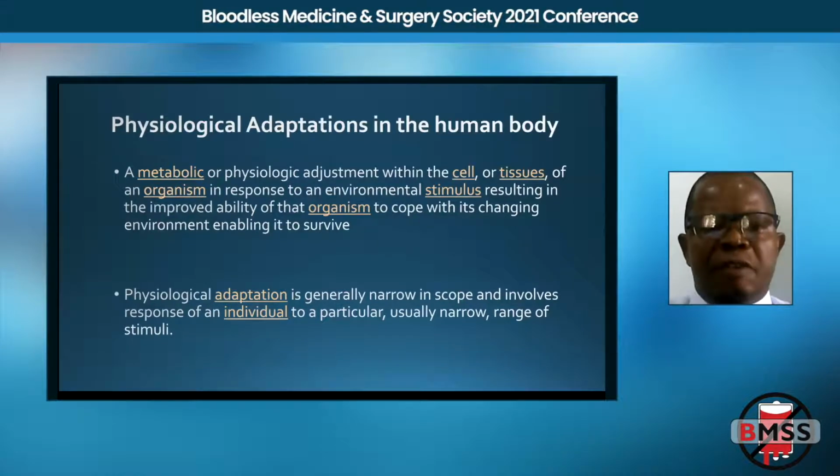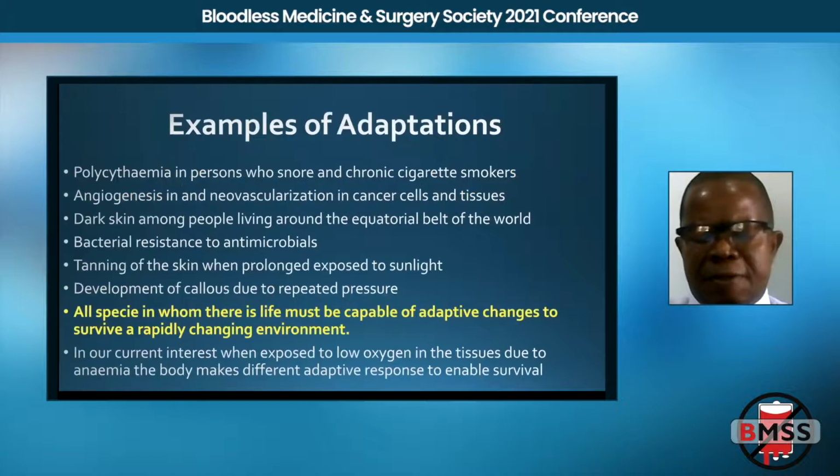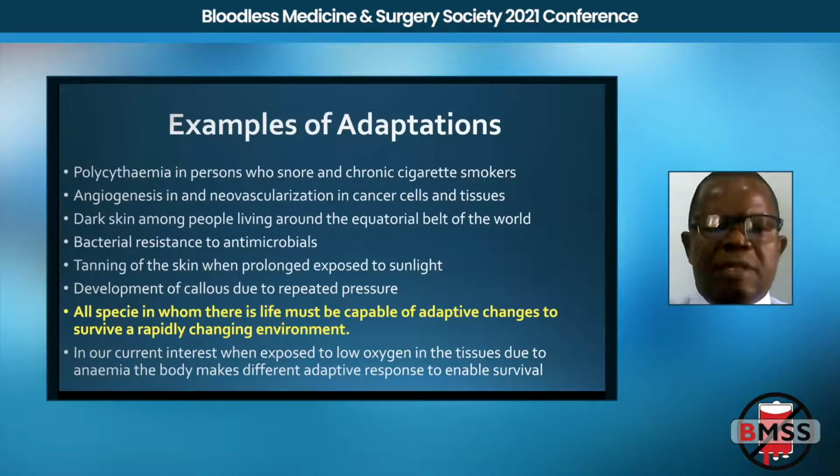Physiological adaptation is generally narrow in scope and involves a response of an individual to a particular and usually narrow range of stimulus. For instance, low oxygen tension in the blood is a stimulus, and the body responds appropriately to address that.